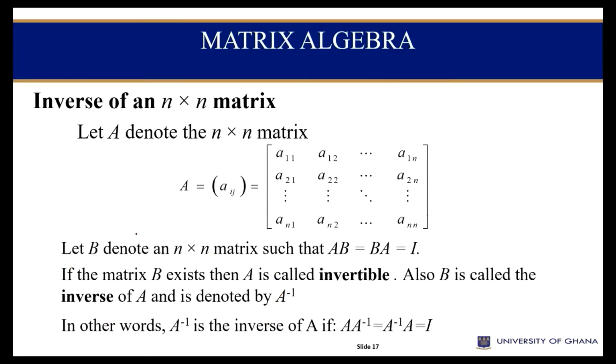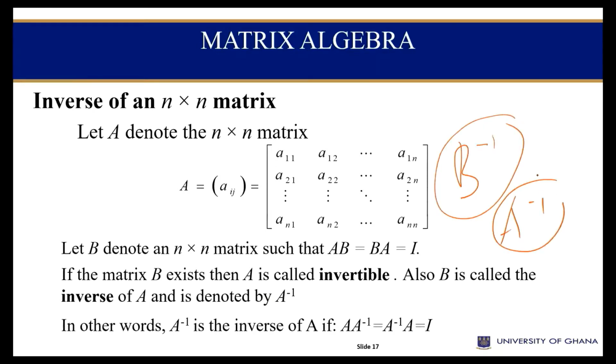Then you can have another matrix called the inverse of a matrix. The inverse of a matrix is written as B raised to the power minus 1. So say this is B inverse, A inverse, C inverse.